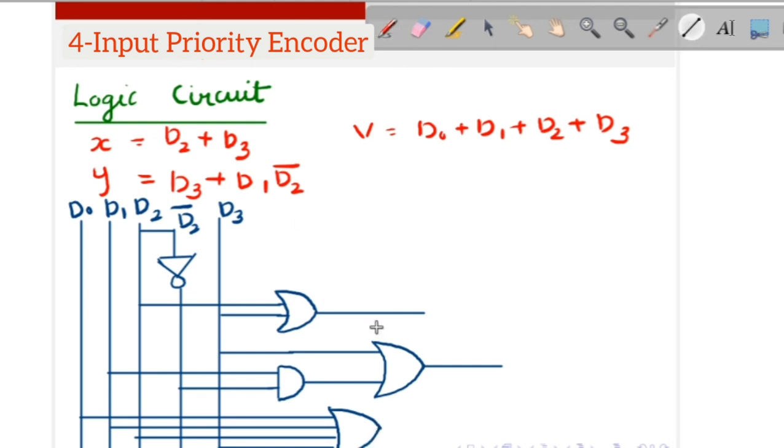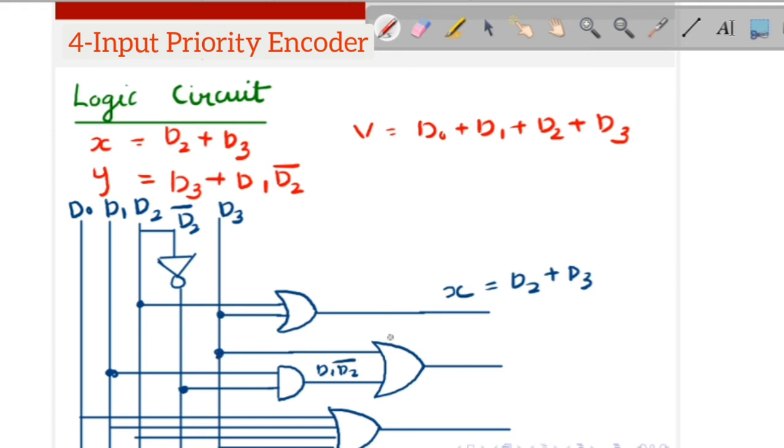Okay, so this is Y, right? So mark the outputs. So here it is X, that is D2 or D3. X is equal to D2 or D3. Then Y is equal to D1. This one is D1, D2 bar. So here we have D1, D2 bar.